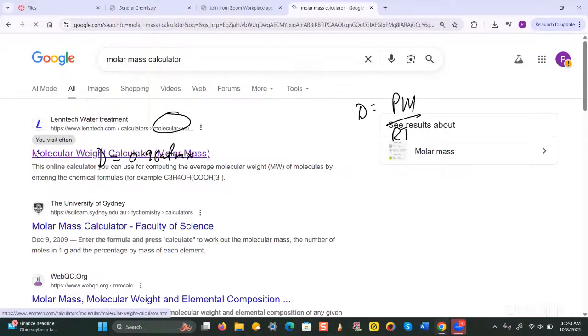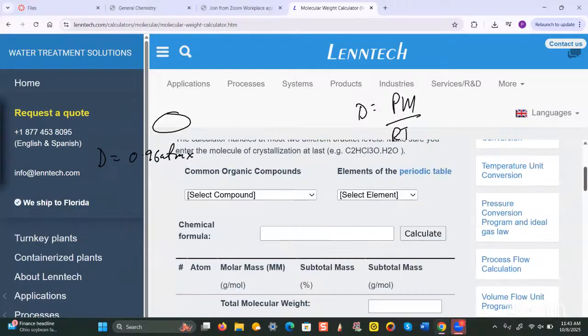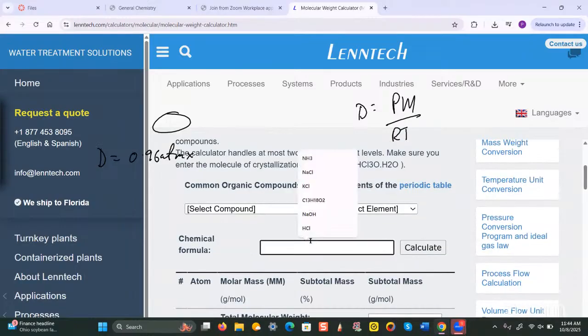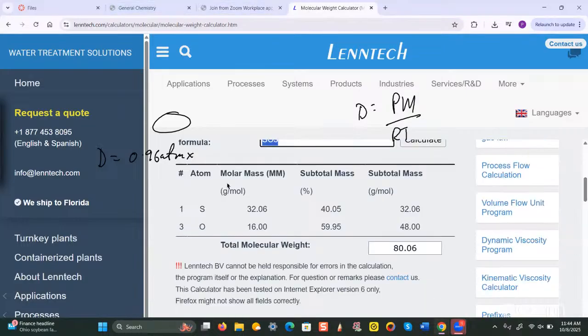For SO3, that's 80.06. So you're going to multiply by 80.06 grams per mole. And then you're going to divide all of that by R, which is 0.0821 liters atmospheres over mole Kelvin.